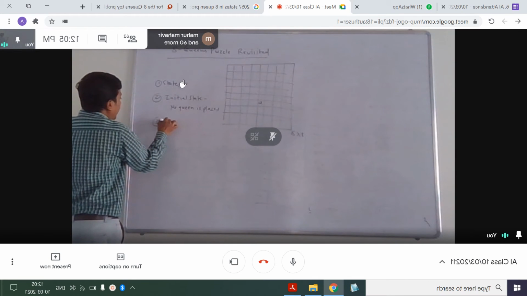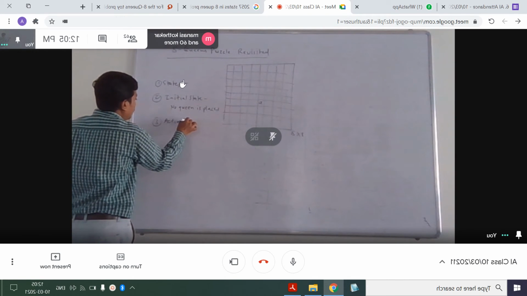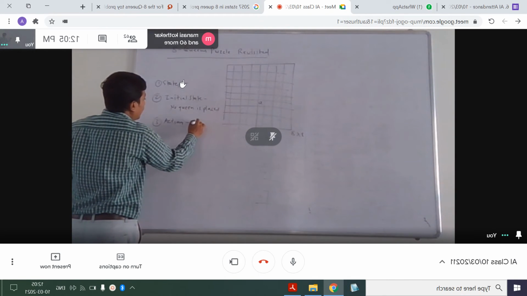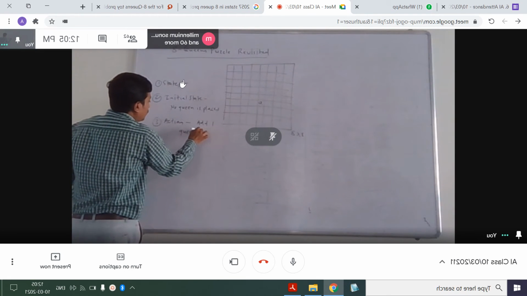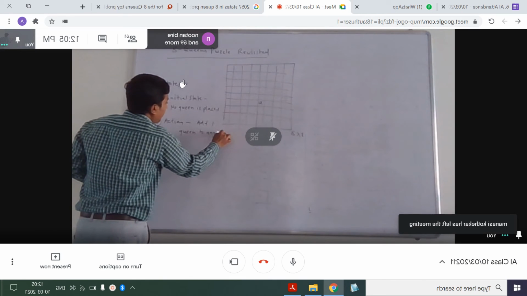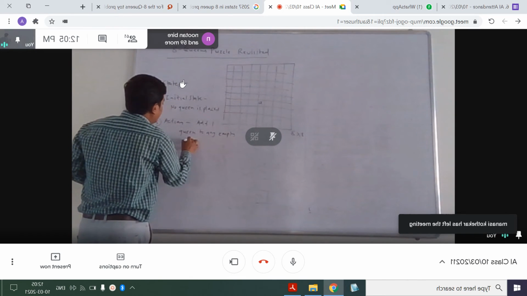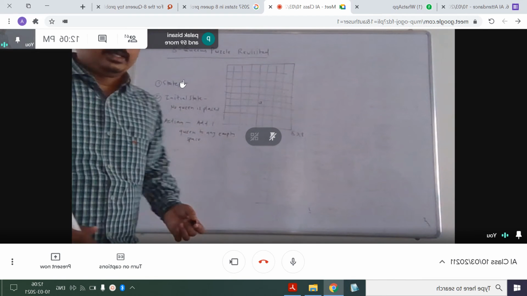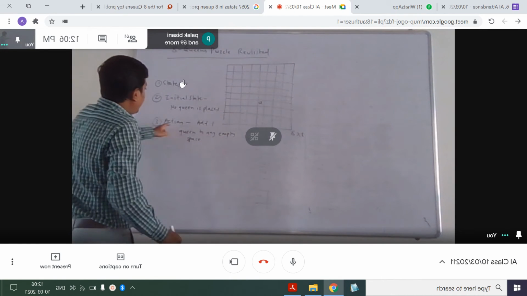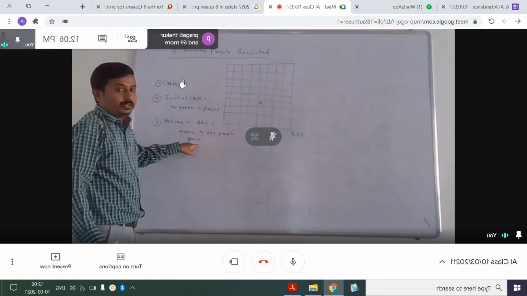Then third, in action we said add 1 queen to any empty space. Yesterday we talked about this, right? So action is what? Add 1 queen to any empty space.